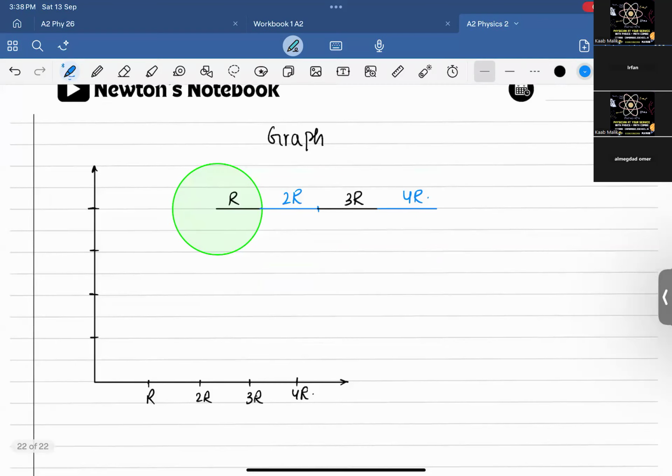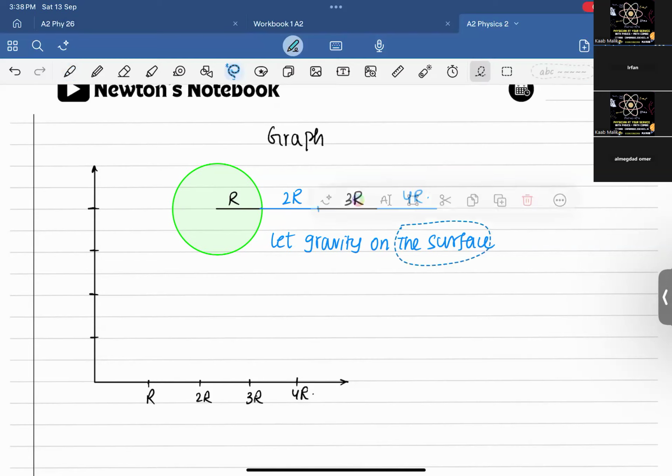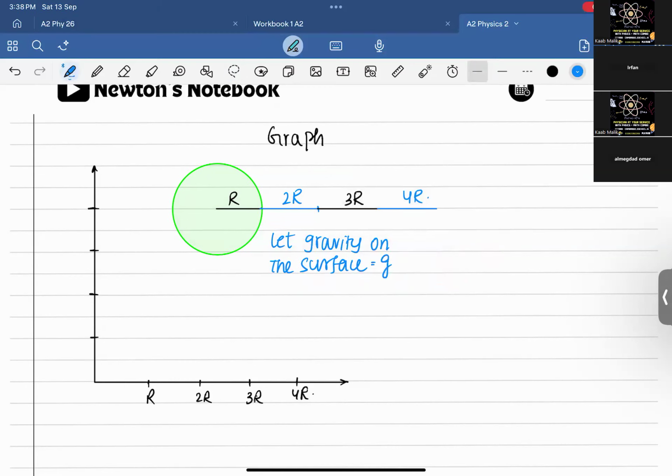If we say that the gravity on the surface of the planet is, let's say, g naught, which means at a distance of r from the planet the gravity will be right here at this point. This is the first point where the g naught is.